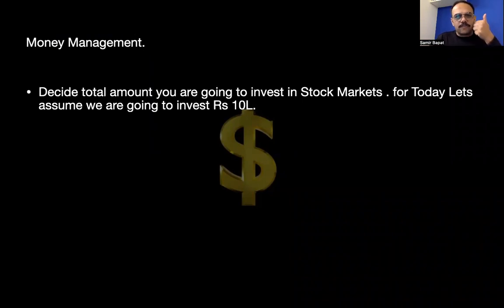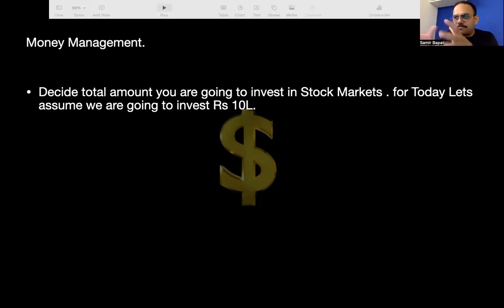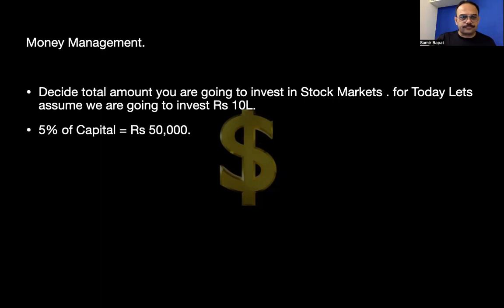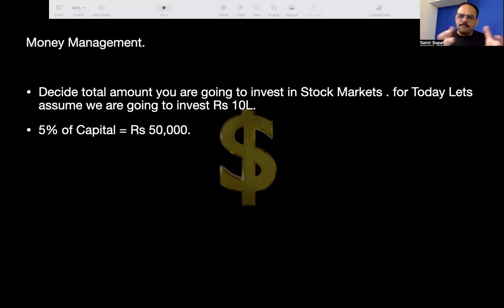First of all, whenever you are entering the stock market, you have to decide how much money you are going to invest this year in stocks. Let's assume for the sake of discussion that we are going to invest 10 lakh rupees and buy shares worth 10 lakh rupees. Then 5% of that capital is 50,000 rupees.